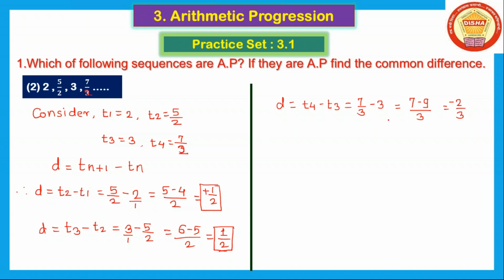Then we take 7 upon 2, so we write 2. Now I am taking again 7 minus 2 threes are 6 upon 2, that is equal to 1 upon 2. See, again the difference is 1 upon 2. Means we find the difference is constant.